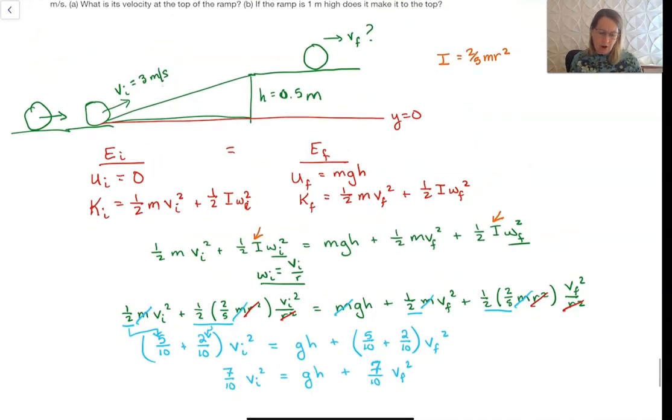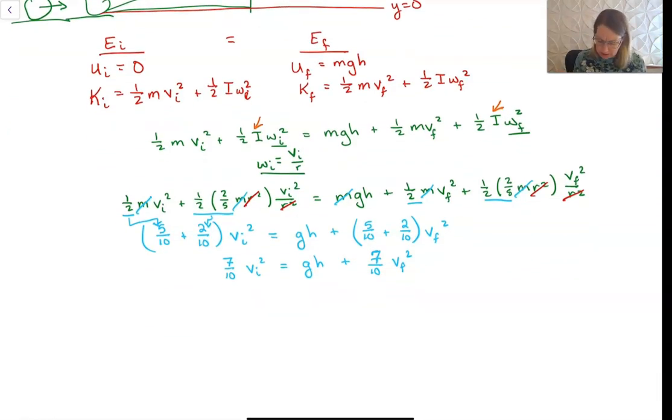Now I can finally put some numbers in. So we go back up here. Our initial v is 3 meters per second. Our height is 0.5 meters. So g times h is going to be 9.8 times 0.5 meters. So I'm going to get 4.9 meters squared per second squared, plus 7/10 v final squared, and then v initial was 3, so 3 squared is 9, so I get 63/10 meters squared per second squared.